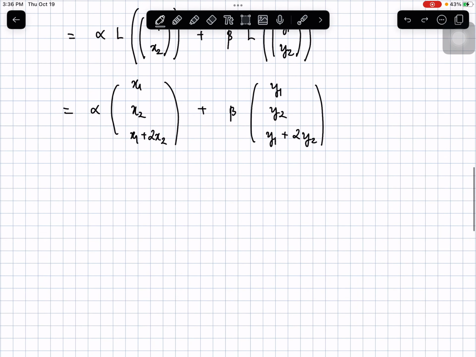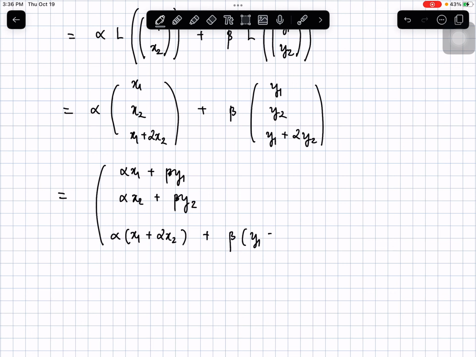Now we have two vectors. Scalar multiplies a vector, scalar multiplies a vector, and then we do the sum: alpha x1, beta y1, alpha x2, beta y2, alpha times x1 plus 2 times x2, beta times y1 plus 2 times y2.